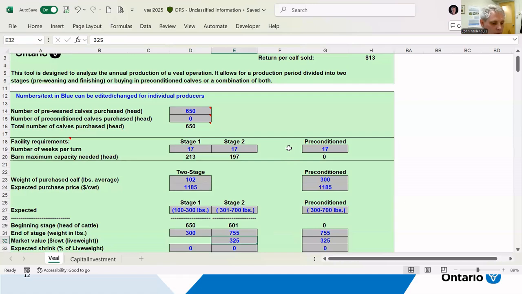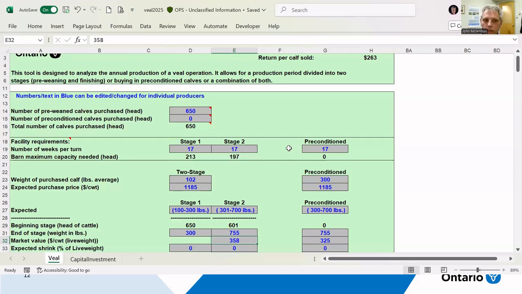So if we do the same thing for market price here, so if we say, okay, if my market price is 10% higher at 358, I think the market price last week was 347. So it's not too far out of the way, but a 10% increase, if we look at that, keep our eye on that $13 a calf at 358. So we're looking at a $250 change in the price.